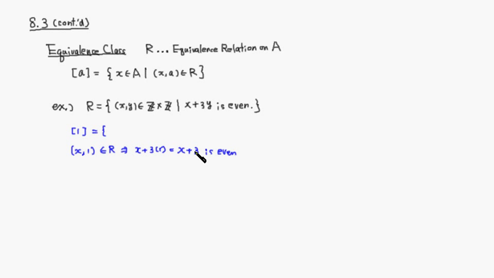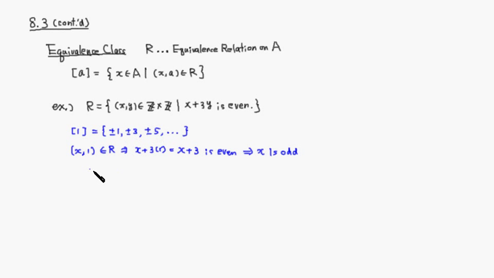But for a number plus 3 to be even, x itself has got to be an odd number, so x is odd. So the equivalence class represented by 1 is basically the set of all odd integers. So it'd be plus or minus 1, plus or minus 3, plus or minus 5, and so on.